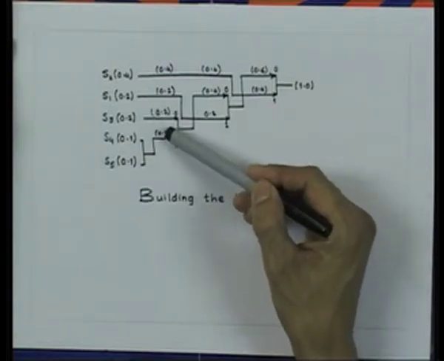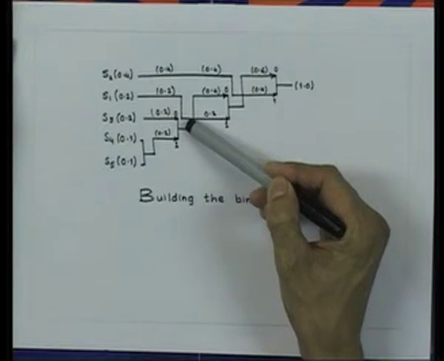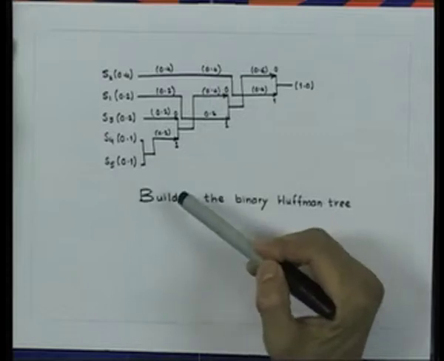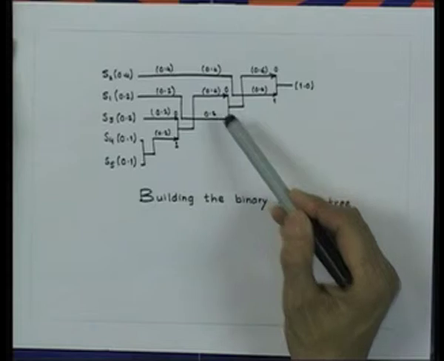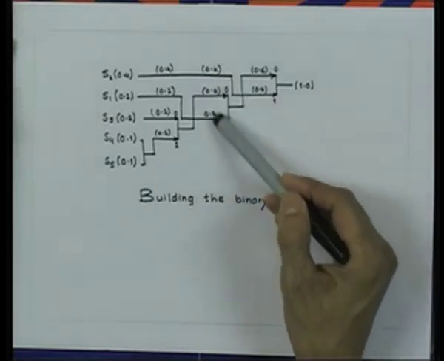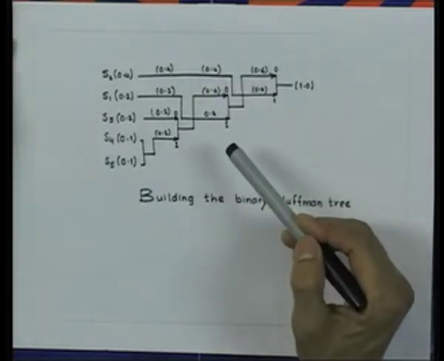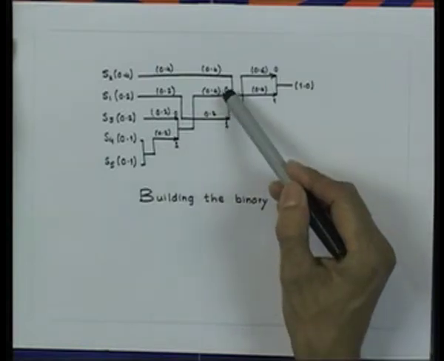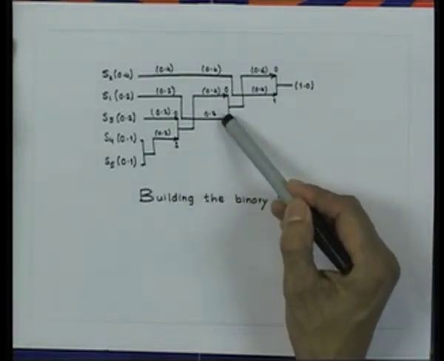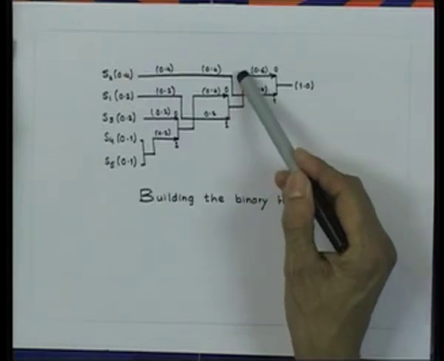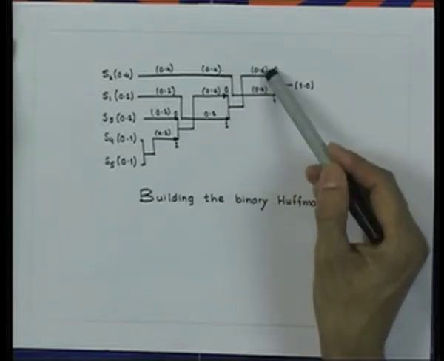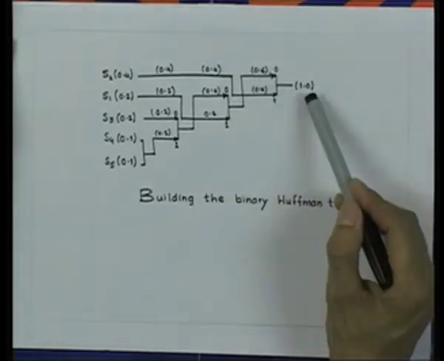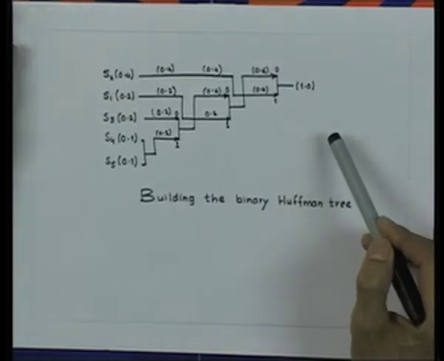So, combining 0.2 and 0.2, I get another node with the probability of the new symbol equal to 0.4. So, I place it on the top of this node and I get a reduced alphabet with 3 nodes. Then finally, I again combine this and this node and get a node with the probability of 0.6, and finally you combine these 2 nodes to get a probability of 1.